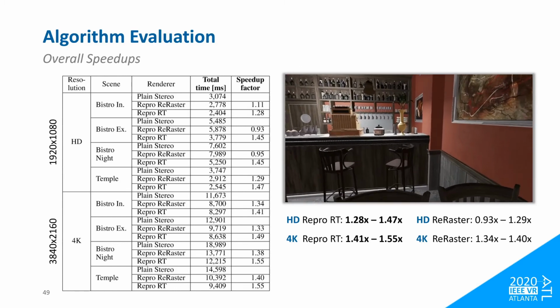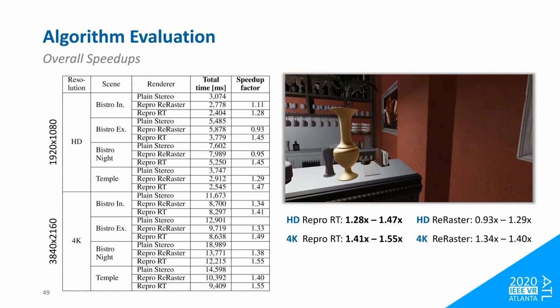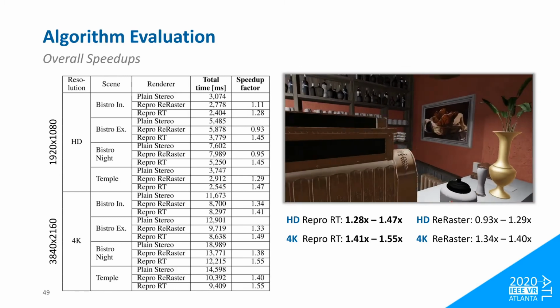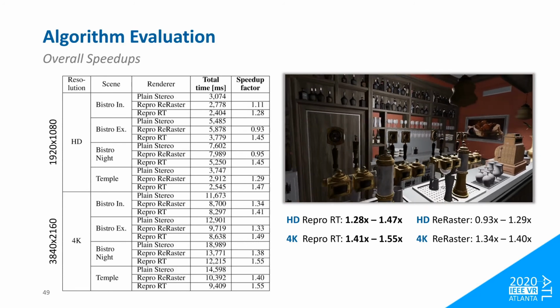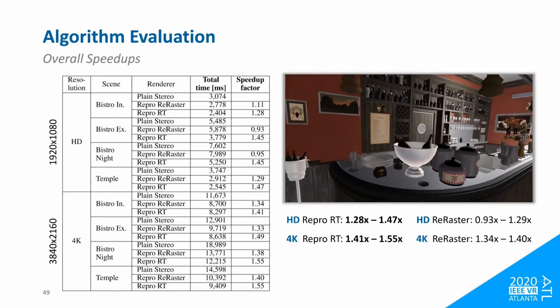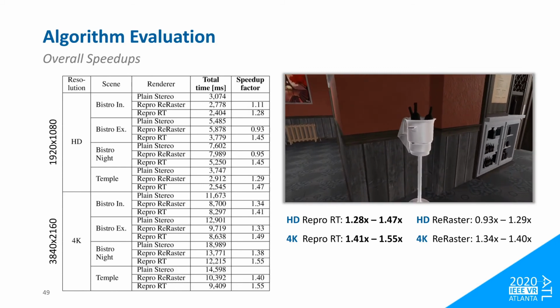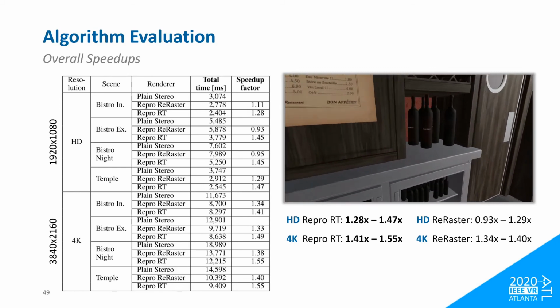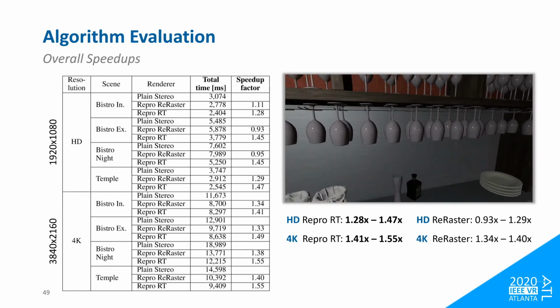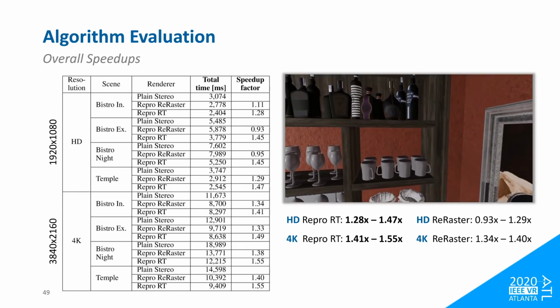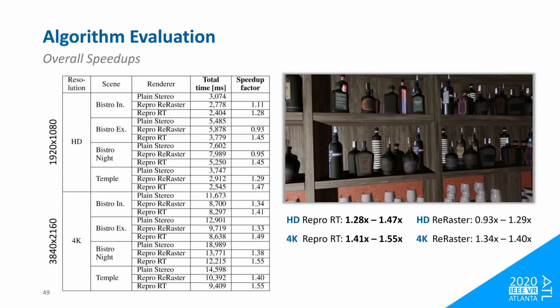Our 3 test systems were Plain Stereo, which is our reference system, Repro Re-Raster, our reprojection algorithm with rasterization-based hole filling, and Repro RT, which is our reprojection algorithm with ray trace hole filling. The total time encompasses the costs for rendering the left eye and the reprojection step. The 2 main results are the following.